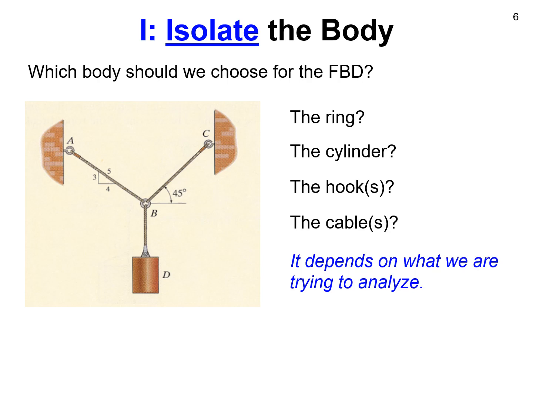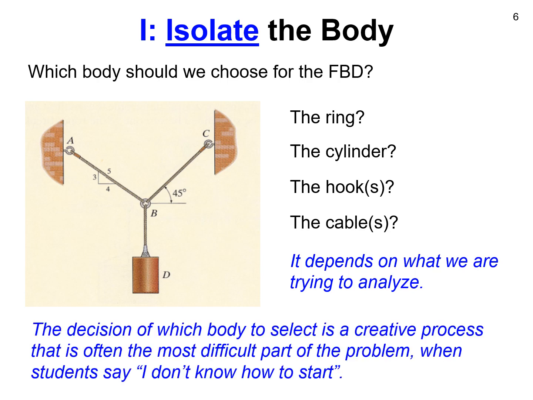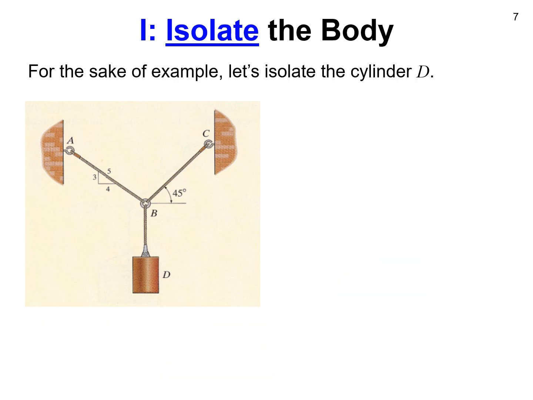And in reality, it depends on what we're trying to analyze. And as we'll keep discussing, the decision of which body to select is a creative process that is often the most difficult part of the problem when students say, I don't know how to start. So we'll get better at this through practicing many examples. But for now, let's do a concrete example to get started.